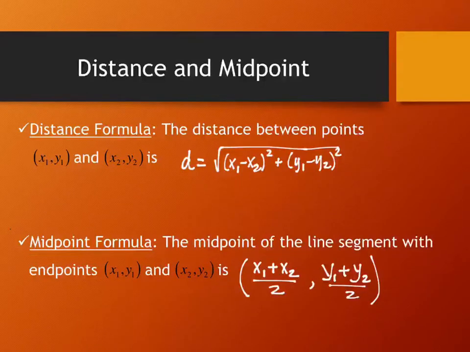And we're going to do a couple of examples now of the distance formula and the midpoint formula for a couple of sets of ordered pairs. Make sure everybody has their writing done, I'm sorry.